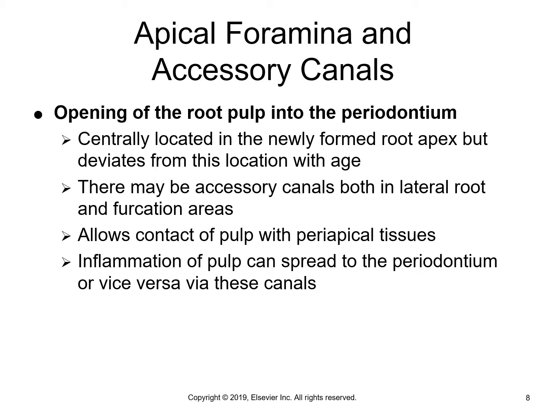The accessory canals will allow the pulp to contact and communicate with periapical tissues. So that being said, if we have inflammation and infection in the pulp, it can drain through that apical foramen and accessory canals into the periodontium. And that's when we would see the abscess on x-rays.